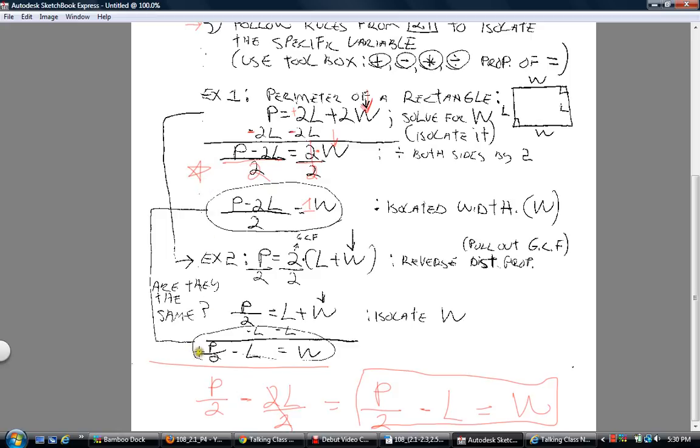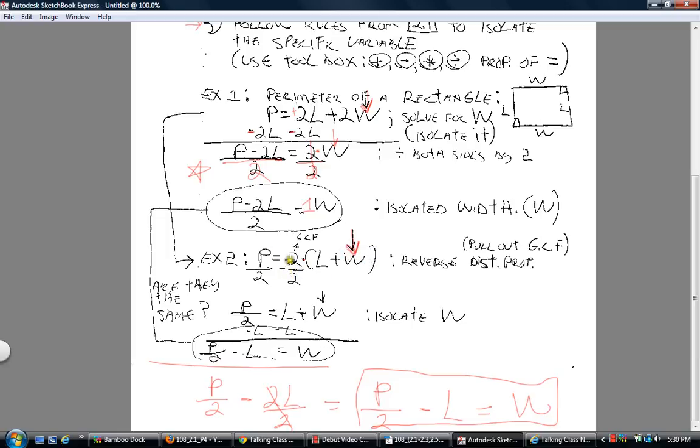Now this example over here is a little harder. They took the problem and noticed from the reverse distributive property, which you might remember from chapter 6, that the 2 and the 2 is in both terms. They pulled it out as the greatest common factor. This is an alternate way to do the problem. Times what's left, L plus W, and here's the W term over here. I really don't care for this way.